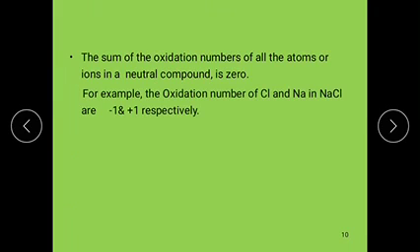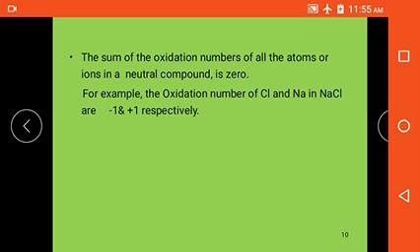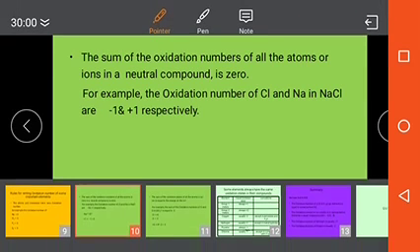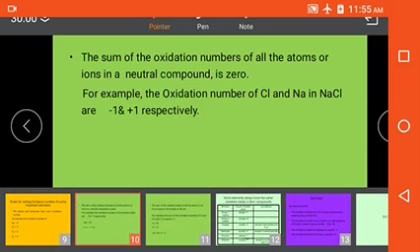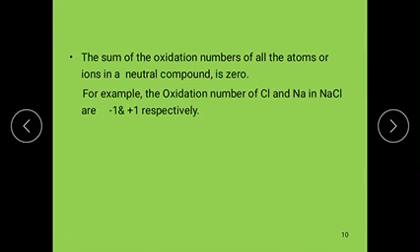For example, the oxidation numbers of Cl and sodium in sodium chloride are -1 and +1 respectively. Then -1 +1 equals 0, if it is a neutral molecule or neutral compound.